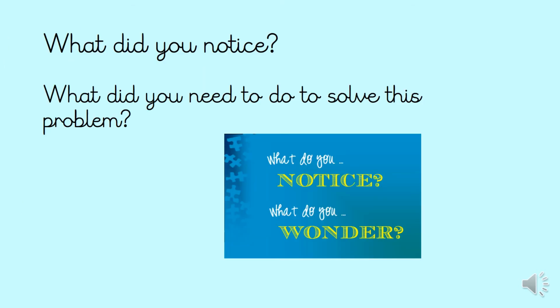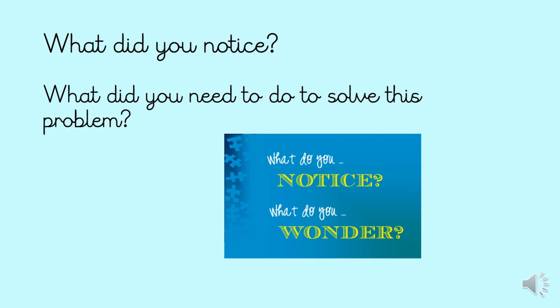Now, this is probably quite tricky for you to do if you're working by yourself today, but in school we like to think a lot about what we've noticed, what we needed to do to solve the problem, so reflect on our learning, reflect on the approach we used, and have some reasoning behind it. So just take some time now to think about, if you did this problem again, is there anything you would do differently?